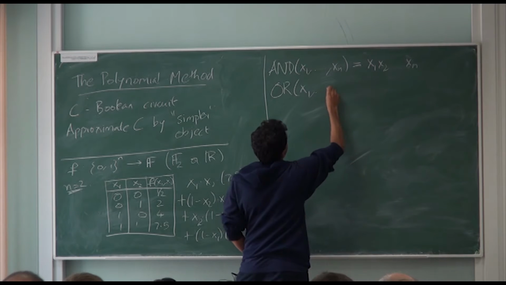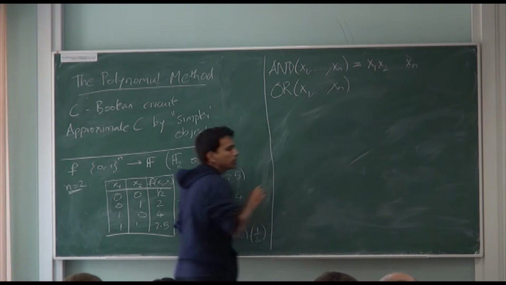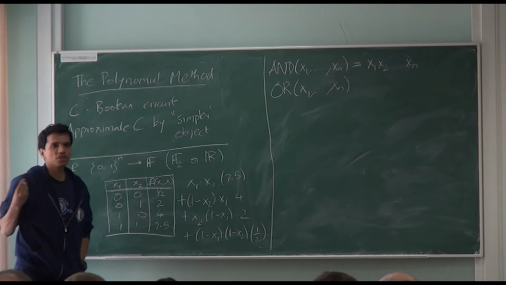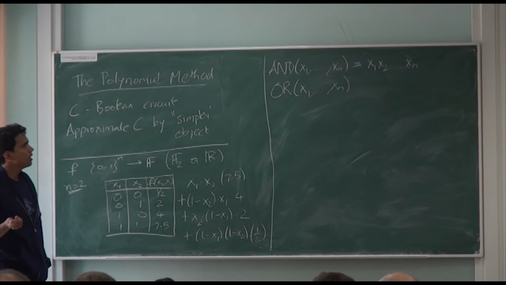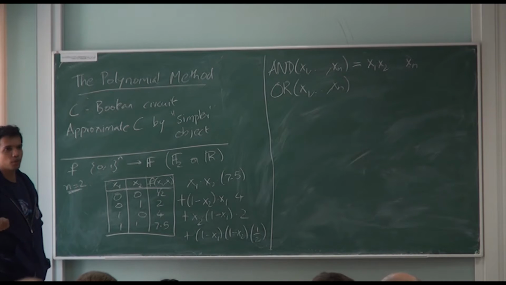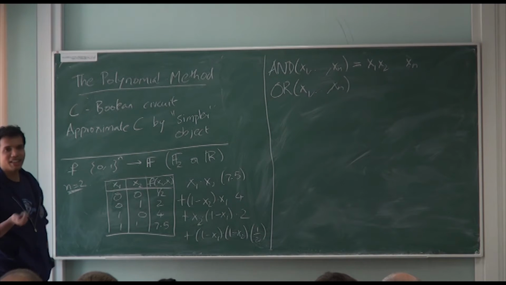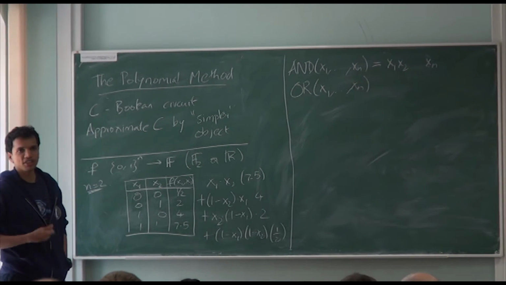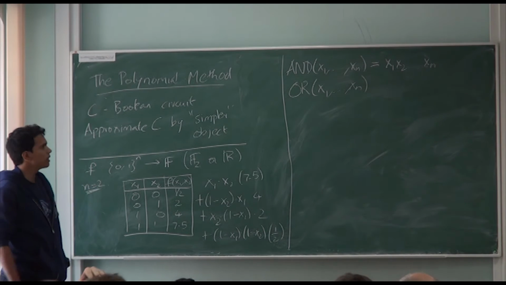By the way, I should say that I'm using the 0, 1 basis here for the same reason that Ryan was using the -1, 1 basis yesterday. For Ryan, he wanted the parity to be a monomial, so -1, 1. Whereas I think of ANDs as monomials, they are simpler objects for the results that I'll be describing, so the 0, 1 basis.